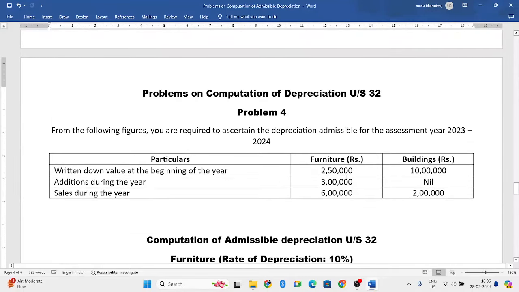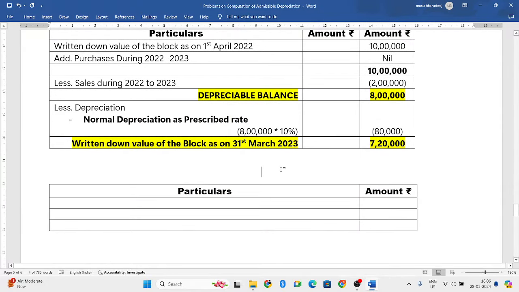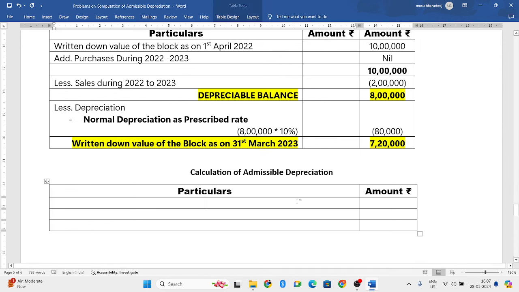The answer is not complete here, because in the question they have told us to ascertain the depreciation admissible. So we have to draw one more table stating the calculation of admissible depreciation.